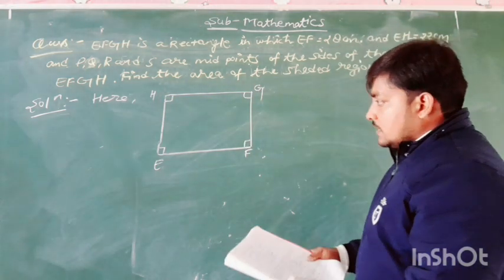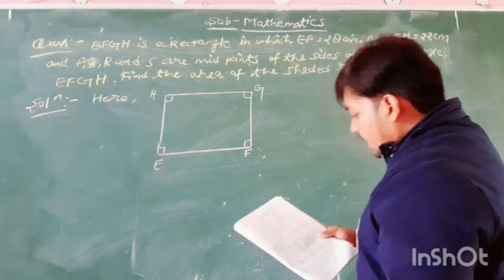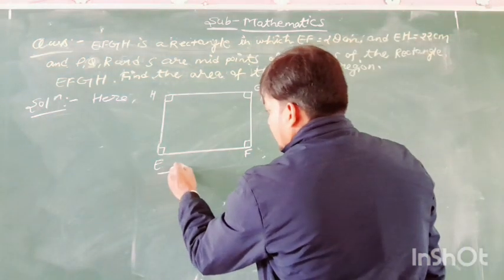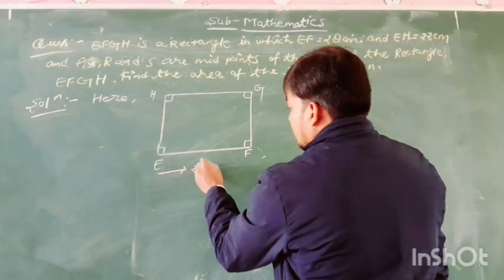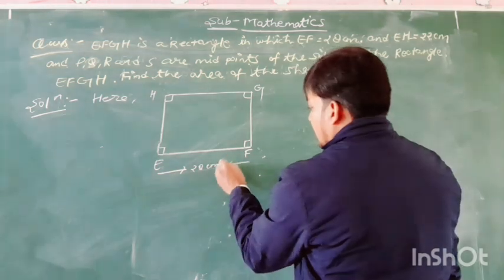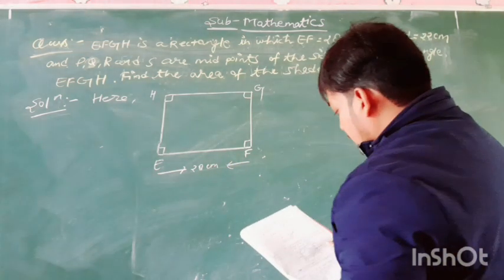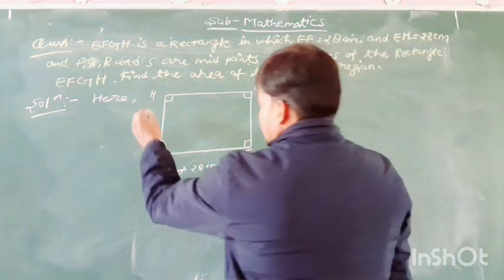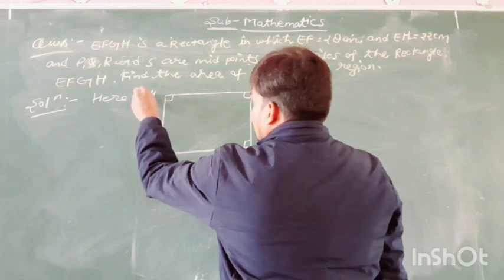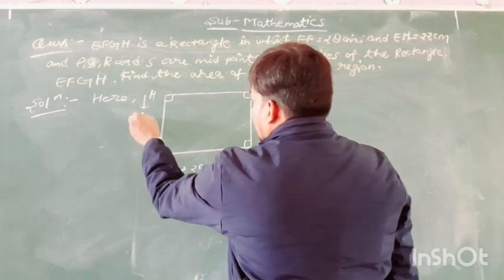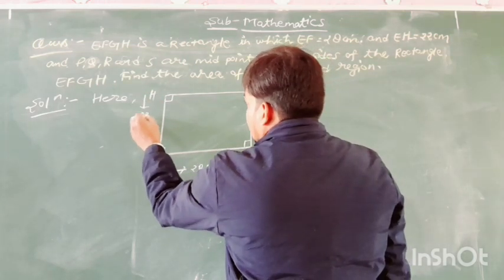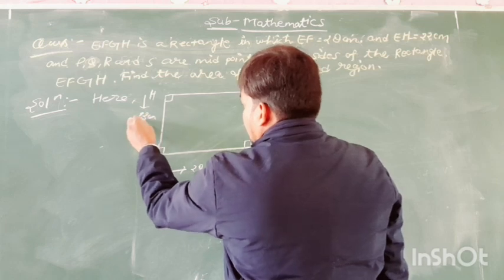Here the dimension of EF will be 28 centimeter and the dimension of EH or HE is 22 centimeter.